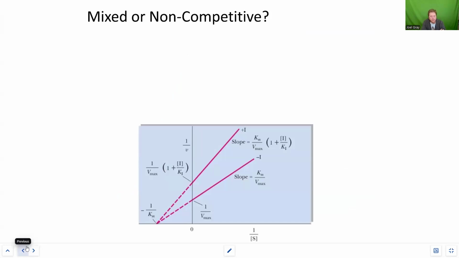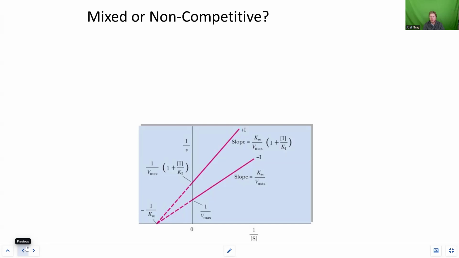In this plot, looking at this plot with no inhibitor and with the inhibitor, how does my Km change? No change. Perfect. Morgan, how'd you figure that out? Which axis did you look at? The x-axis. Perfect.